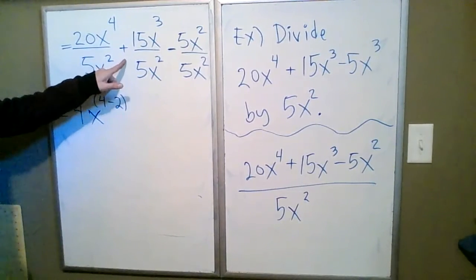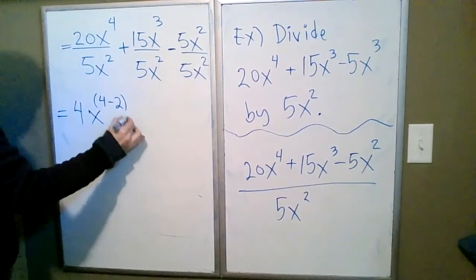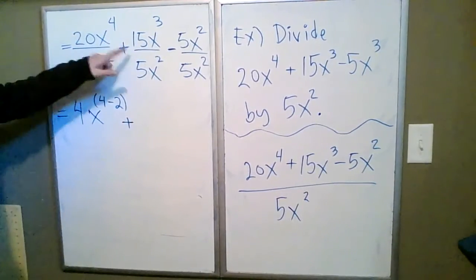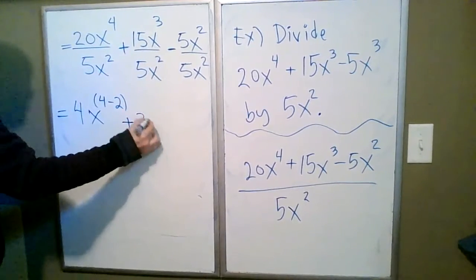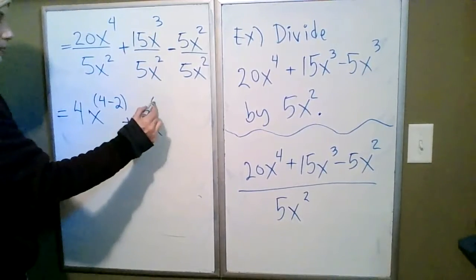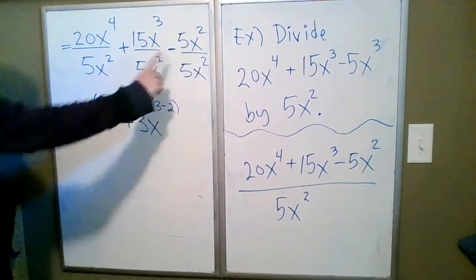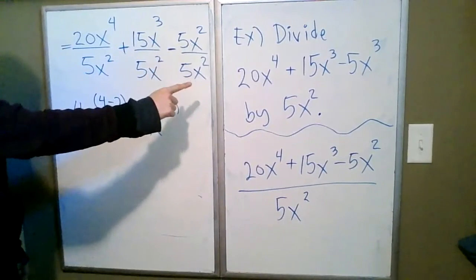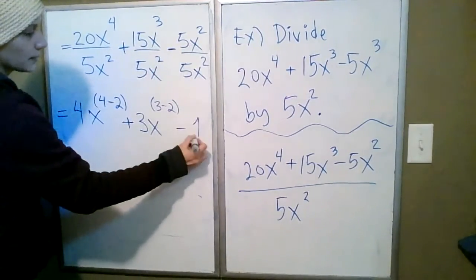Then plus 15 over 5 would be 3. The base x has a power of 3 minus 2. And then we're subtracting a number over itself, which we've talked about before, would be minus 1.